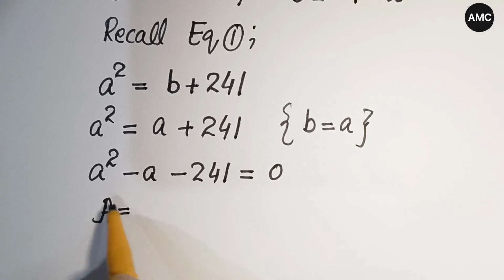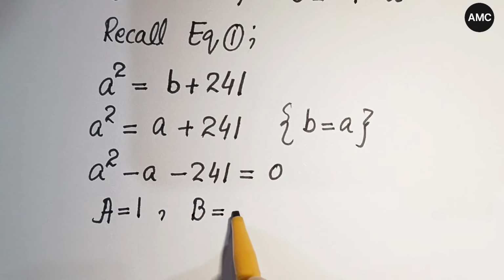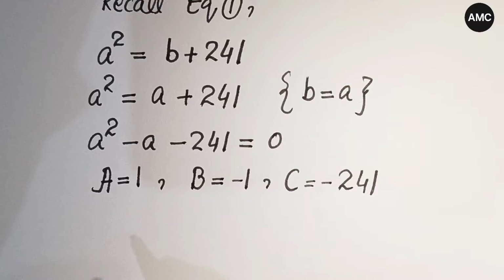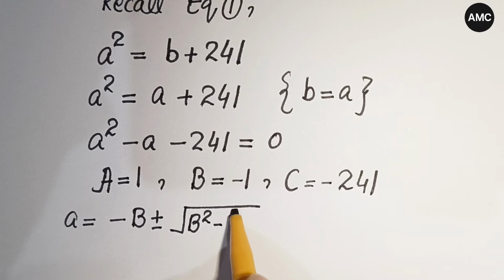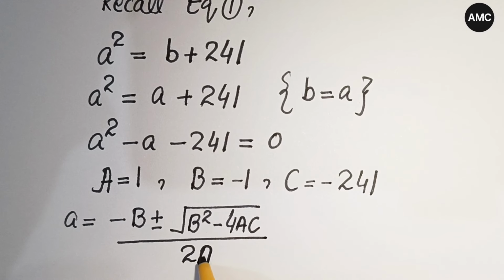Let's say it is capital A, that is 1, and capital B is equal to minus 1, and C is equal to minus 241. Now applying the quadratic formula, a is equal to minus B plus minus square root of B squared minus 4 times A times C, all over 2 times A.